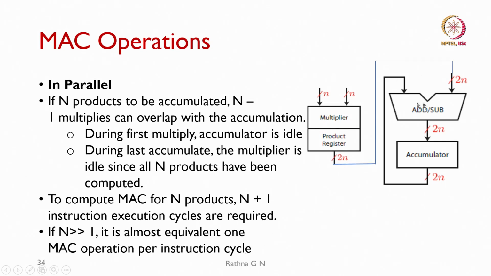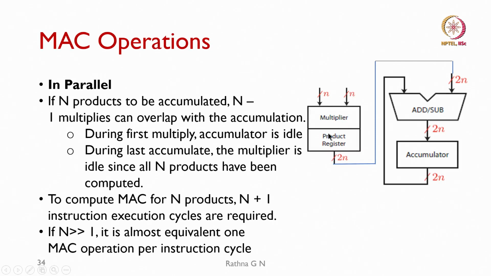So, you will be seeing that it is either an adder or subtractor. We have not discussed the subtractor. We will be using the adder itself for our subtraction, because we are doing it in 2's complement, so I do not need a separate subtractor. Only thing is that we have to indicate we want to do the subtraction, so that it will happen in 2's complement. So, there are 2 n-bit inputs for the multiplier, and 2 n bits are coming out.